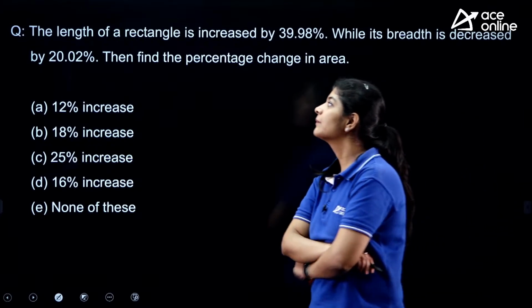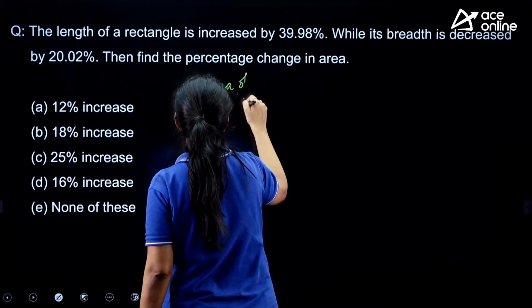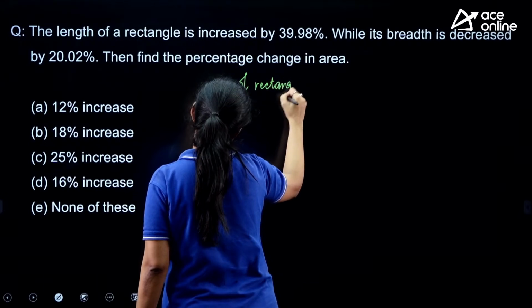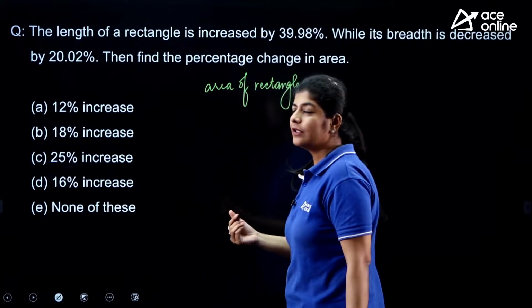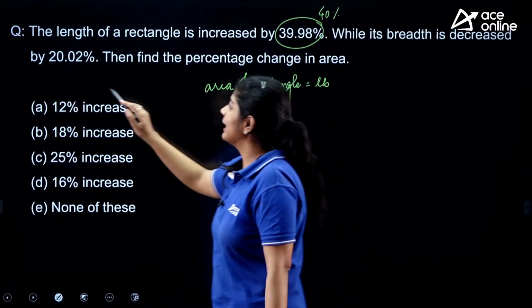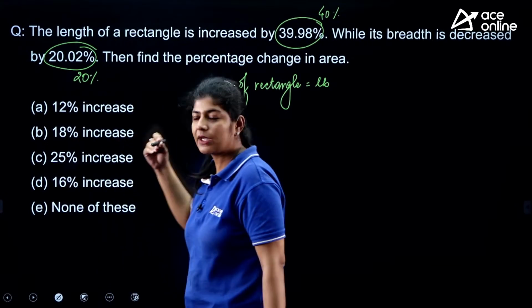Very good, Smile. So we know that the area of a rectangle is length into breadth. I can take this as 40% approximately, and I can consider this one as 20% approximately, just to do the calculation.